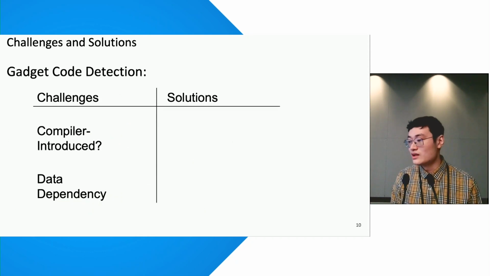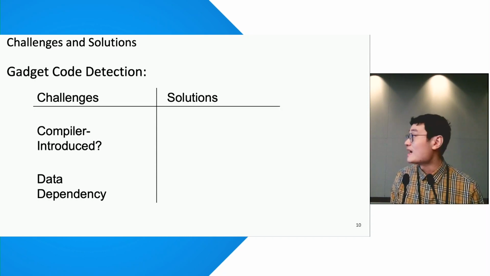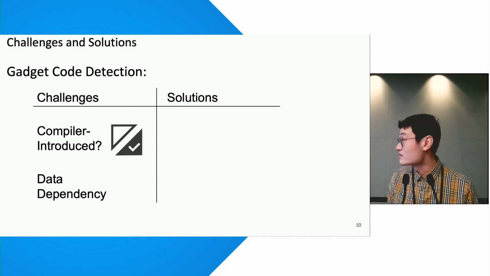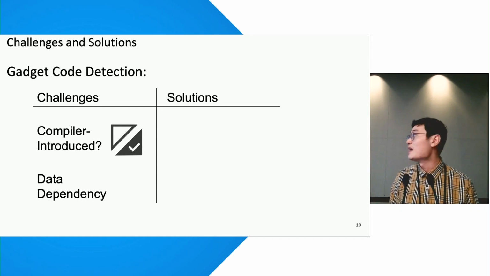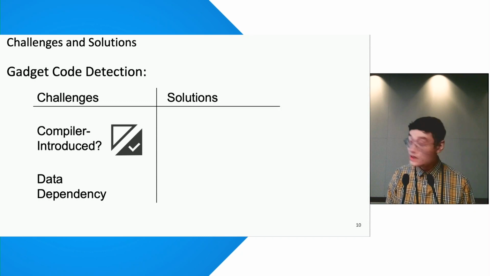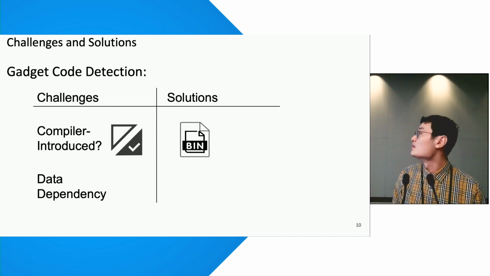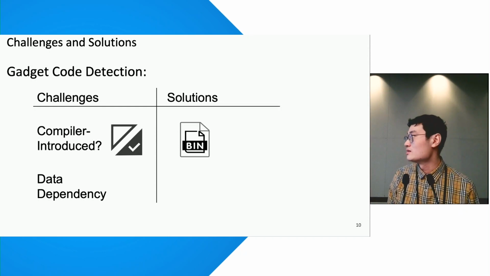Okay, now speaking of the challenges of WarpAttack, it first appears in the gadget code detection part. The first challenge is to distinguish compiler-introduced double fetches from normal ones. Our solution is to propose a new binary model to prevent the comparison.